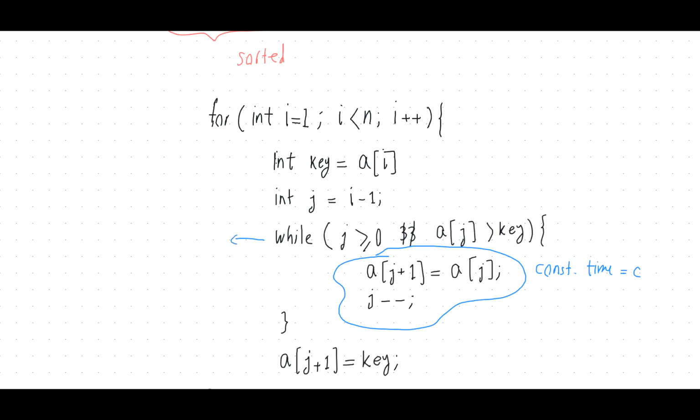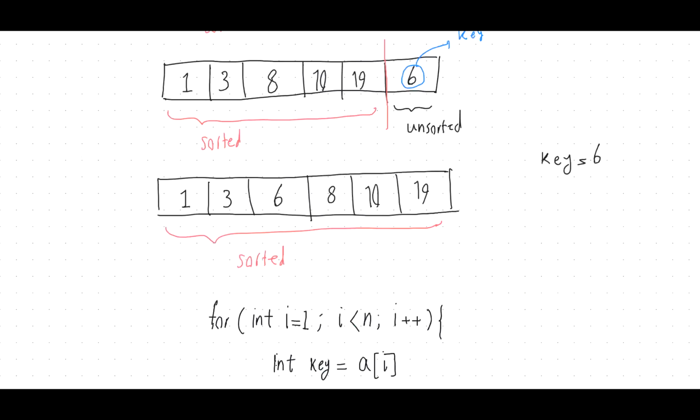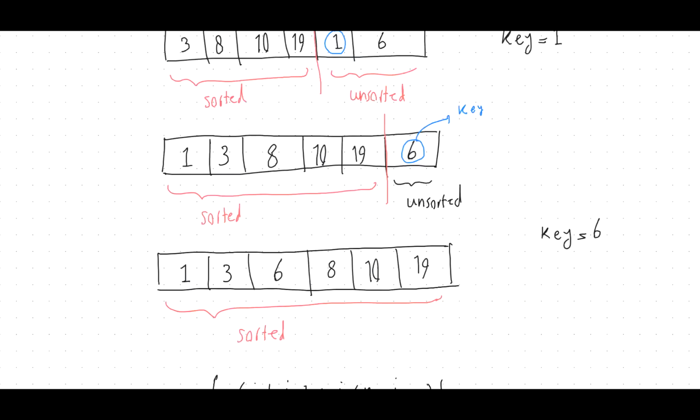And if you think about it, we cannot say exactly how many times, but we can say in the worst case, if everything is already sorted and the last element in the unsorted part is the smallest element, which is not the case here, but imagine here instead of 6, we had 0. Then I have to move 19 to the right, and 10 to the right, and 8 to the right, and 3 to the right, and 1 to the right to make room for 0 at the beginning, right? So that's n minus 1 moving around.